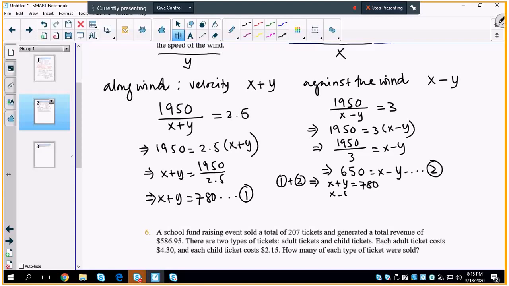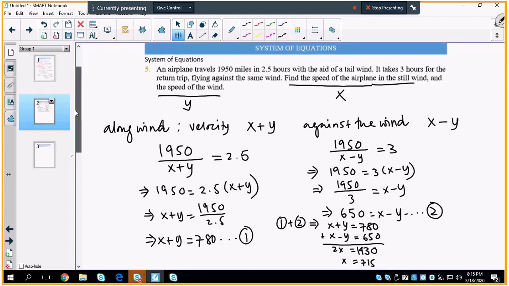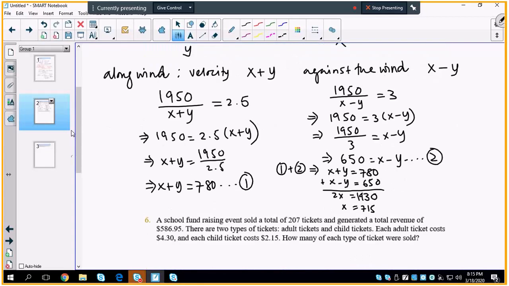X minus y in the second one is 650, and I add them, so I get 2x, y cancels, and I get 1430. So x, when I divide both sides by 2, I get 715. And see, I have answered my first question. The speed of the airplane in still wind is 715 miles per hour.